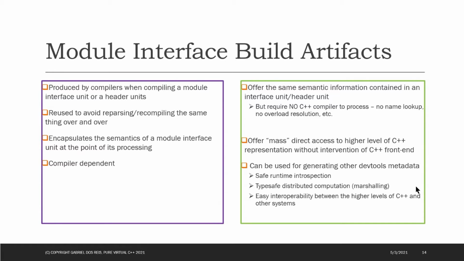On the other side, one of the problems is that this representation is compiler dependent. Today, MSVC has its own representation, GCC has its own, which is very different from the representation that Clang has.